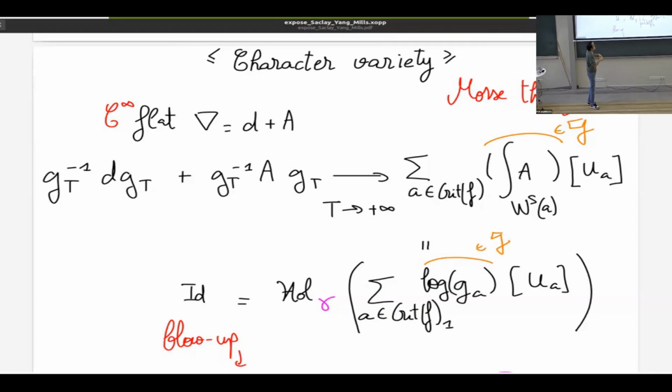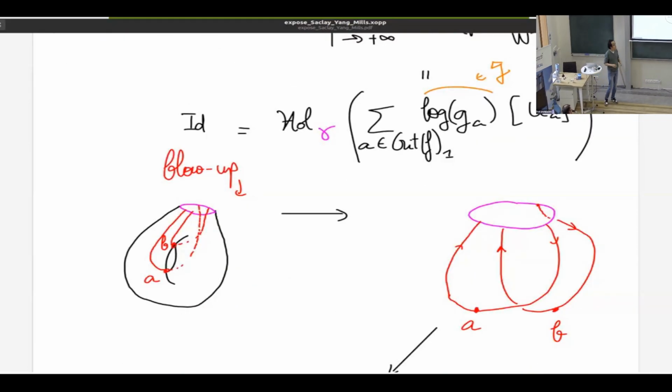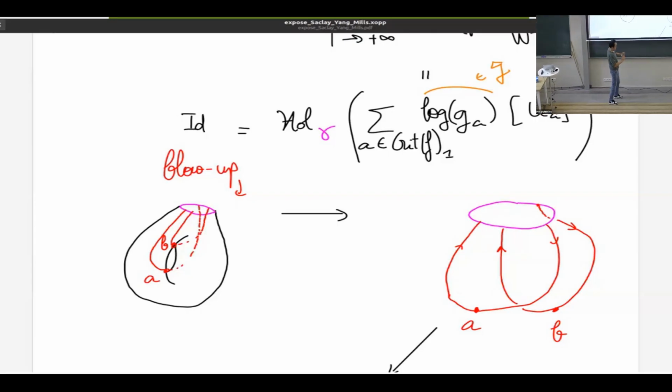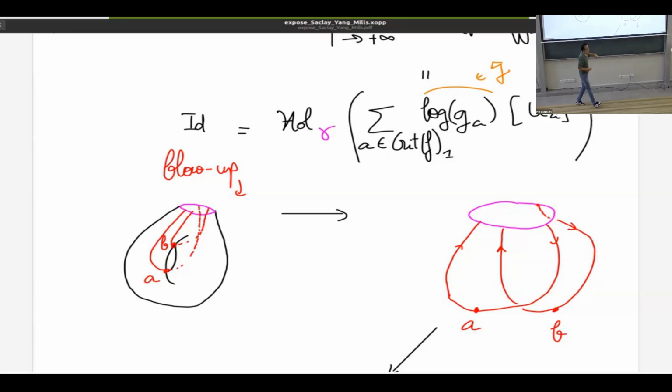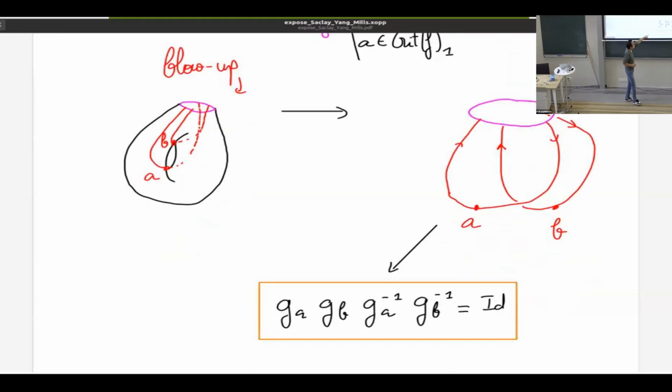Any flat connection can be reduced to a sum of Lie algebra elements times some kind of currents carried by the unstable curves. And if you start from a connection, for instance, on the torus, the holonomy of the connection along an infinitesimal loop near the maximum should be the identity. Then if you write this condition for the singular connection, it gives you a certain presentation of the surface group.